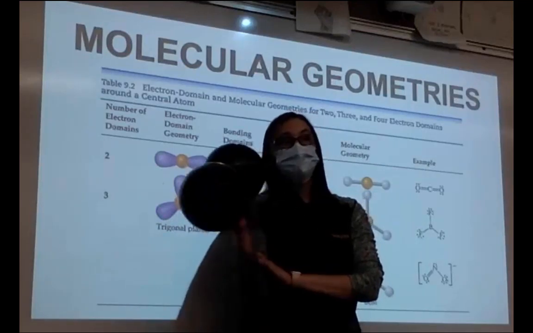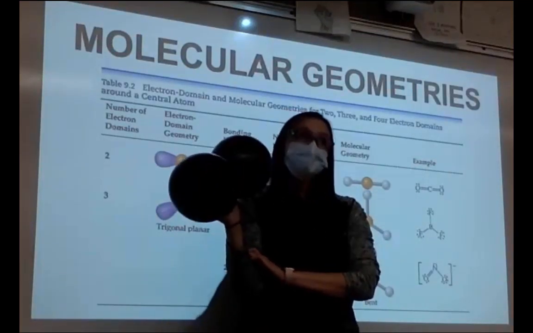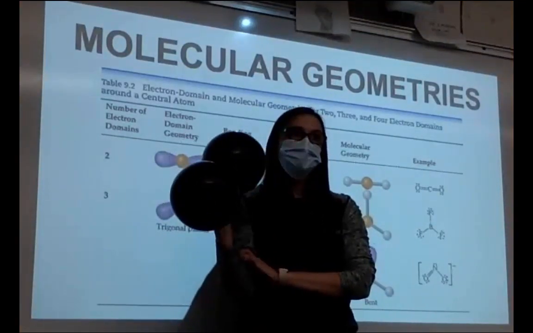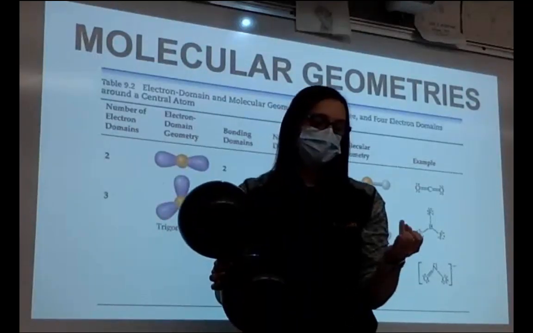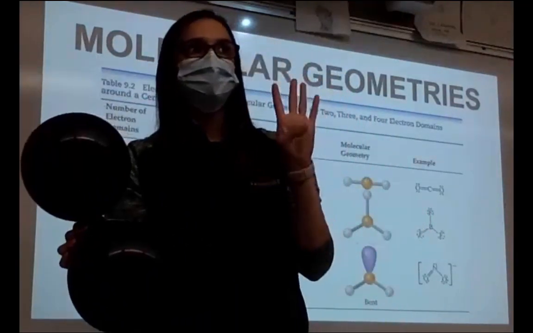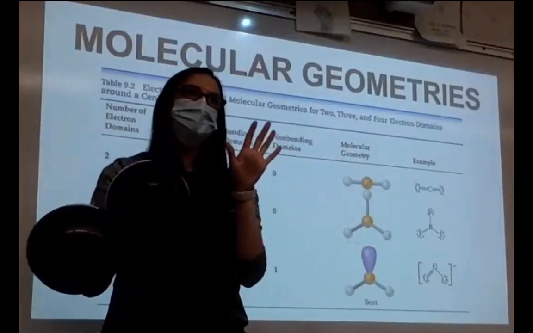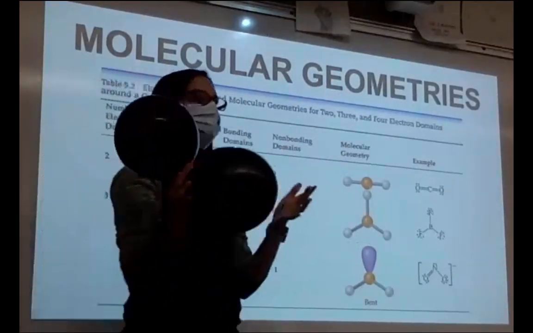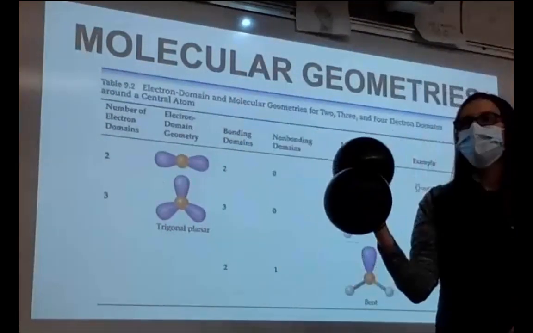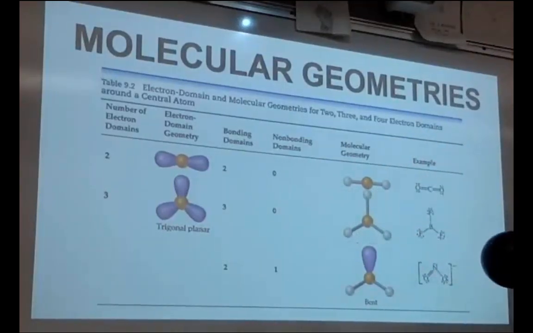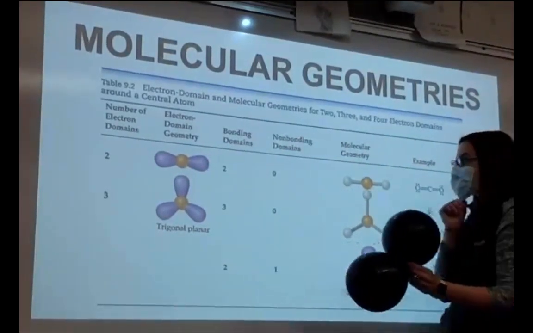Yes. Do we have to know the bond angles? Yes, of the fundamental shapes. So you need to know the bond angles of linear, trigonal planar, tetrahedral, trigonal bipyramidal, and octahedral. And then we'll talk about how the bond angles change when we make changes to the fundamental shapes.